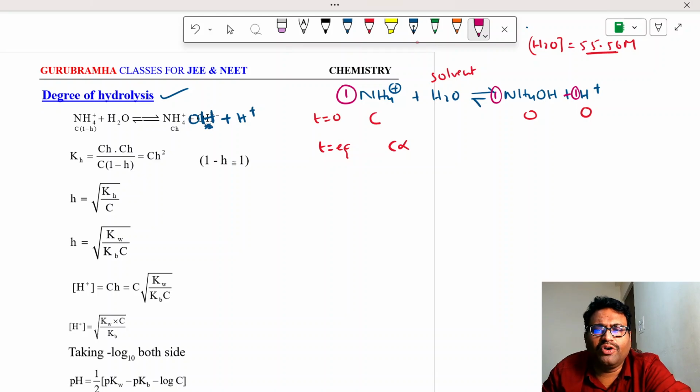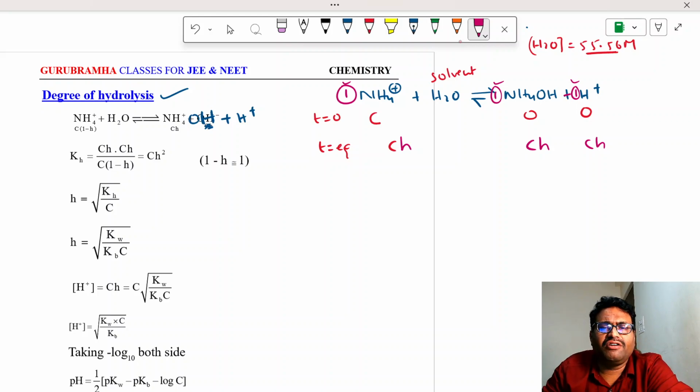Here we don't use alpha; as it is the process of hydrolysis, we use the degree of hydrolysis h. If Ch moles dissociate, Ch moles of NH4OH and Ch moles of H plus are formed.